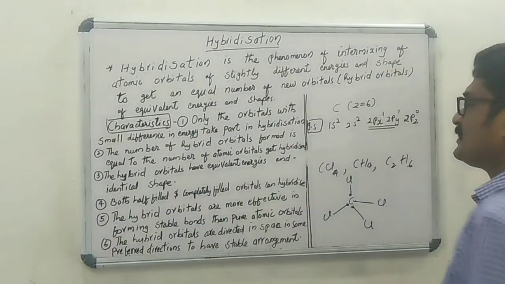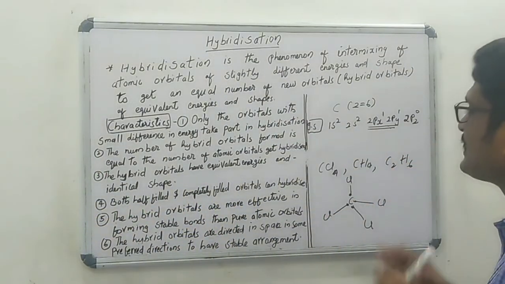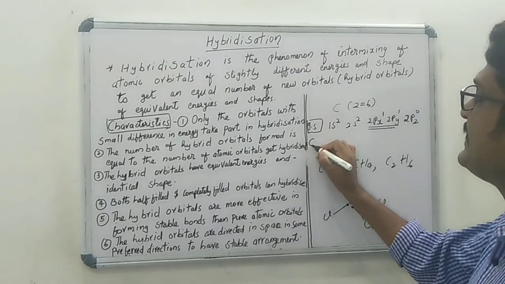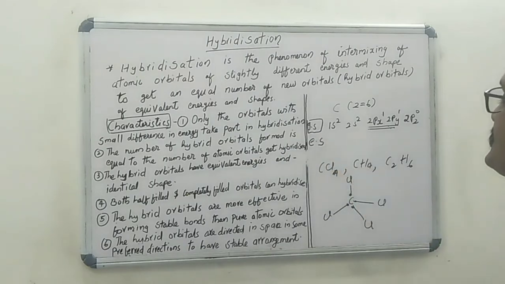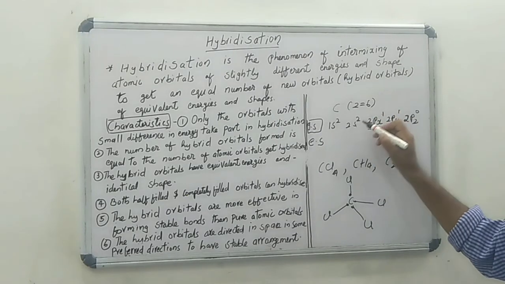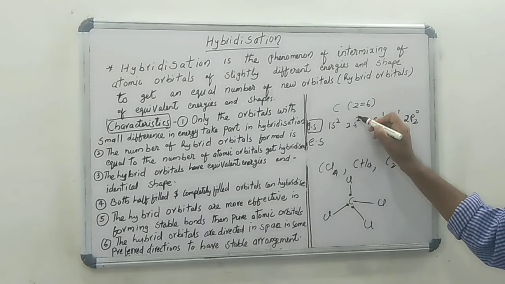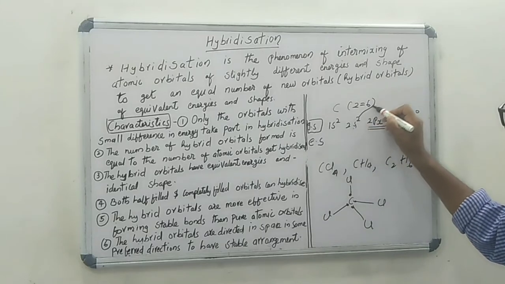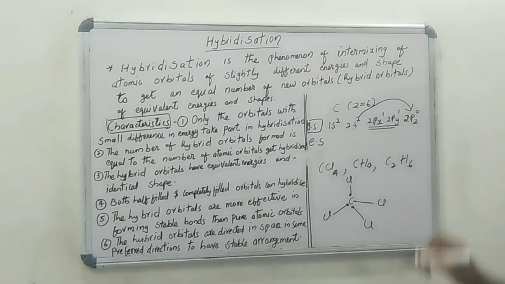To attain this tetravalency in the excited state, one valence electron from the completely filled 2s gets promoted to the vacant 2p.